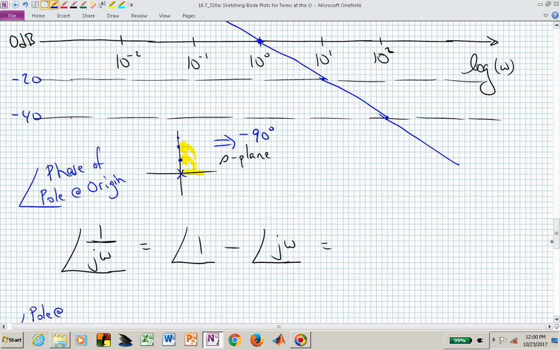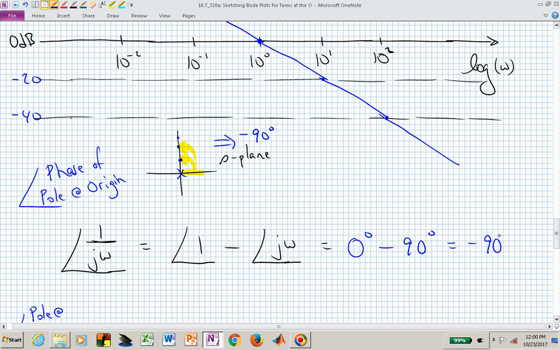Or you can think of it as the angle of 1 over j omega. Well, we'd have the angle of the numerator term, so we have the angle of 1, and 1 is just 1 at 0 degrees, so now we have 0 degrees minus the angle of j, and j is on the imaginary axis, and that always has an angle of 90, so we have 0 minus 90.